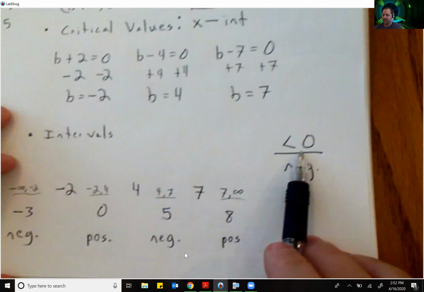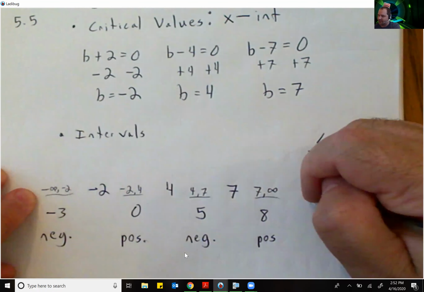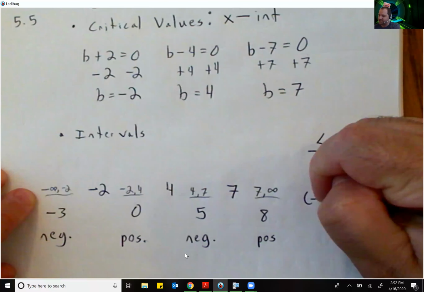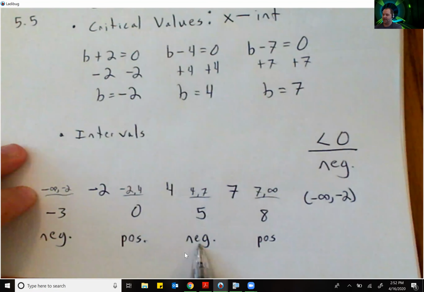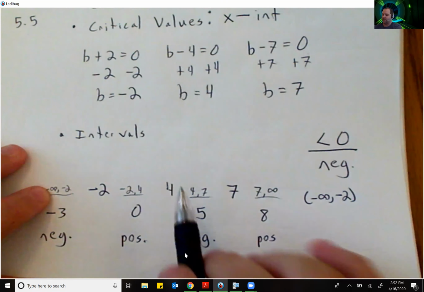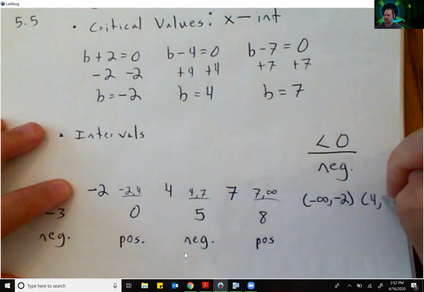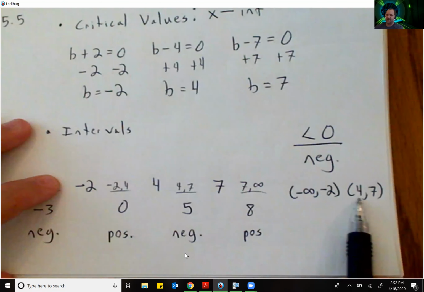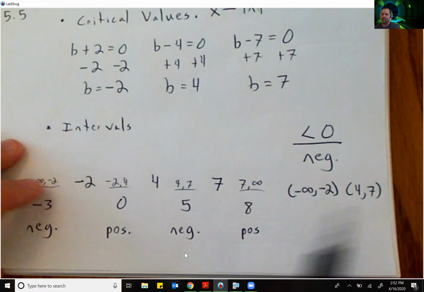Okay. Here's a negative interval. So part of our answer is -∞ to -2. Here's a negative interval. So this is also a part of our interval answer. 4 to 7. We don't worry about the other two because they were positive.